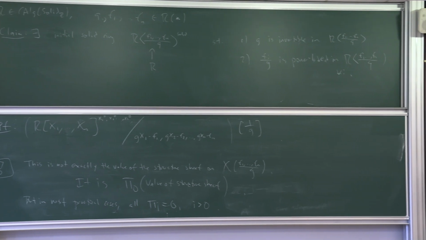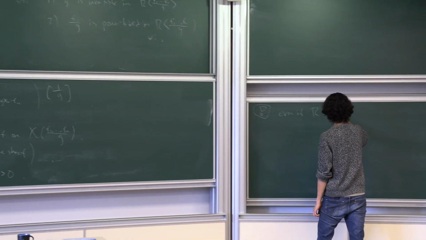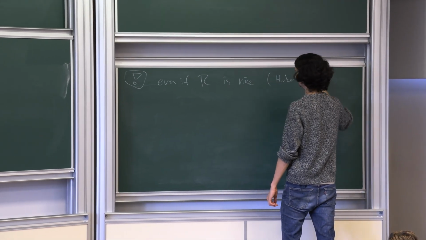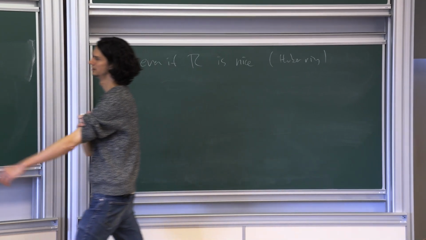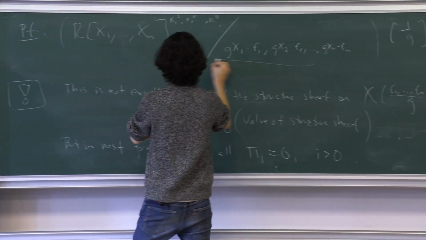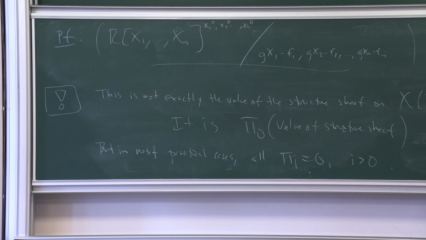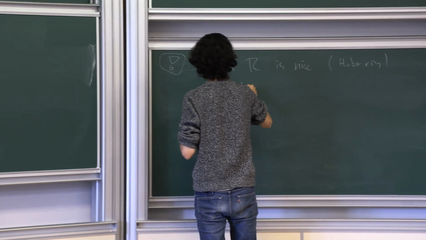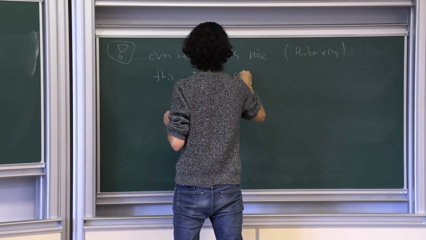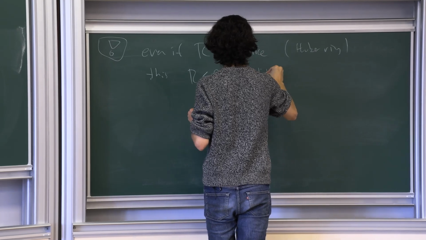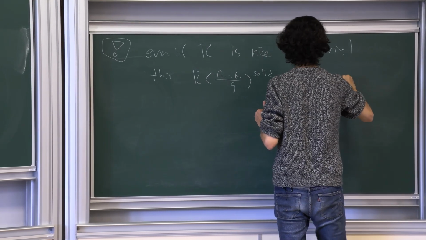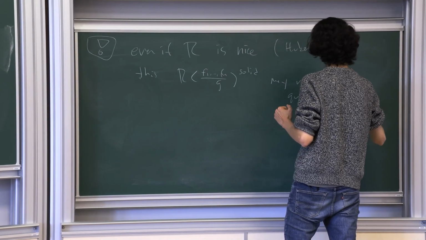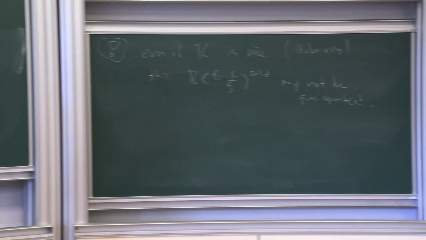so even if R is very nice, some kind of Huber ring, then this quotient may not be quasi-separated.